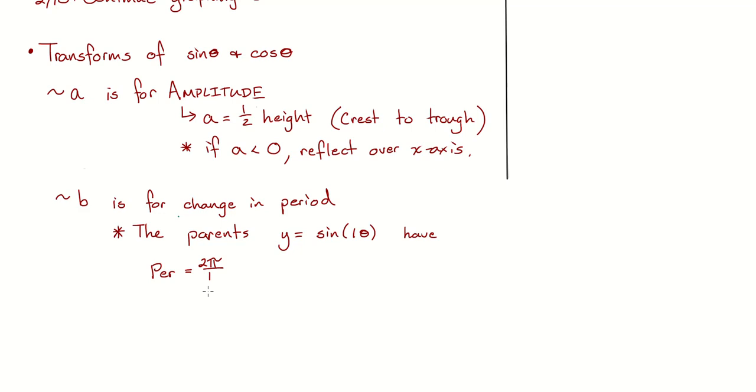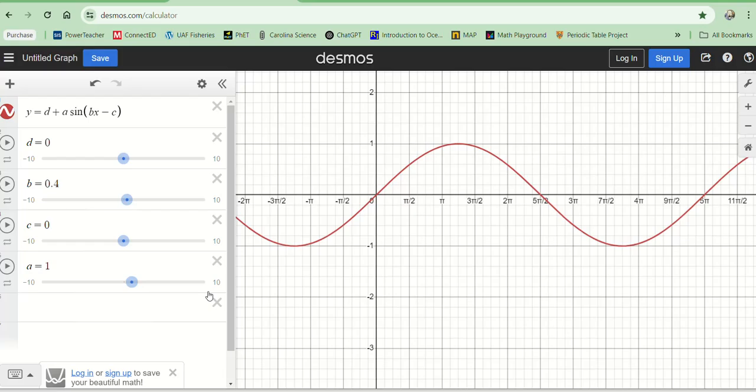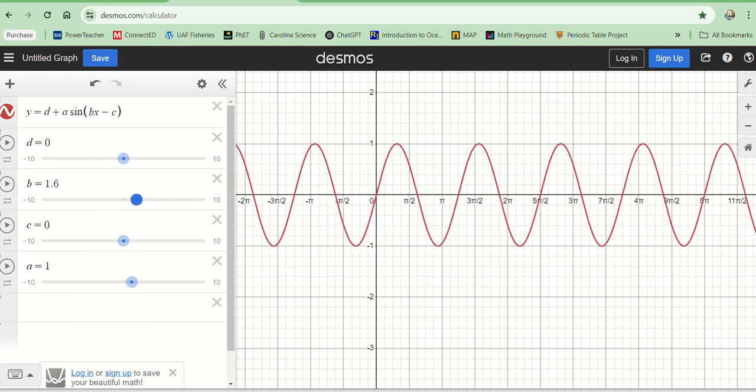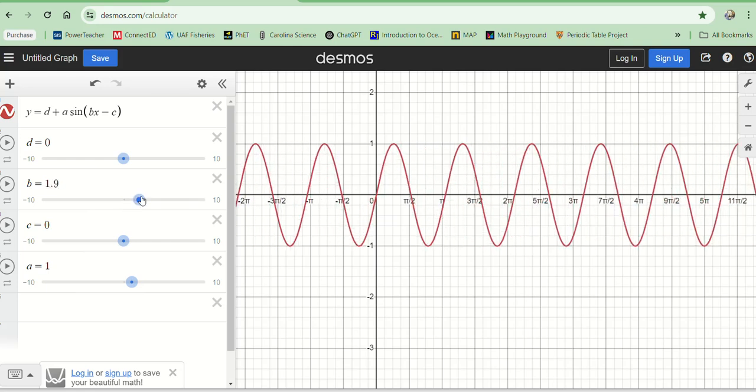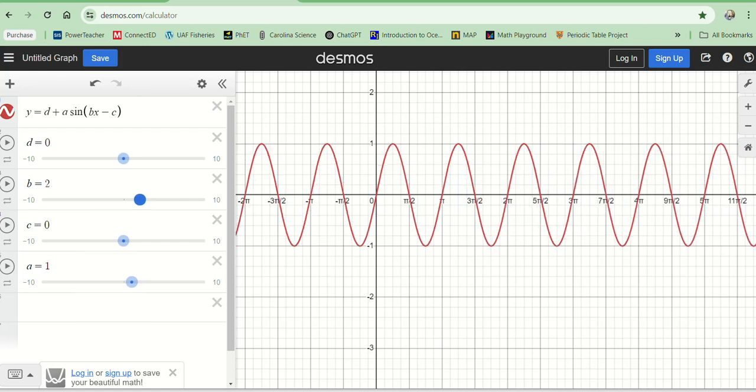Now, if we look at this, and hypothetically, I made this 2 pi over 2. And let's see, we're good here. So if I change this to 2, and I look at 1 full period of sine, can you guys see where 1 full period is? It goes to pi. So if I make this sine of 2x, the period got cut in half, right?